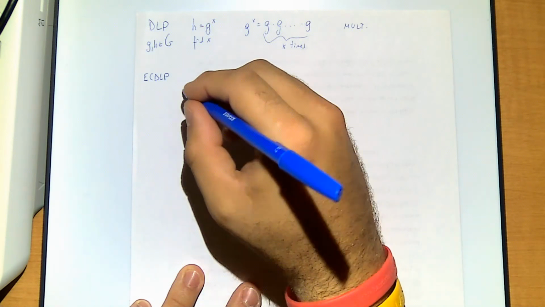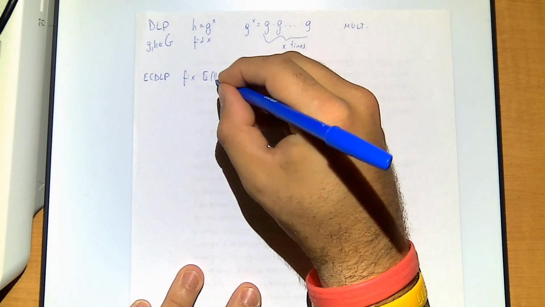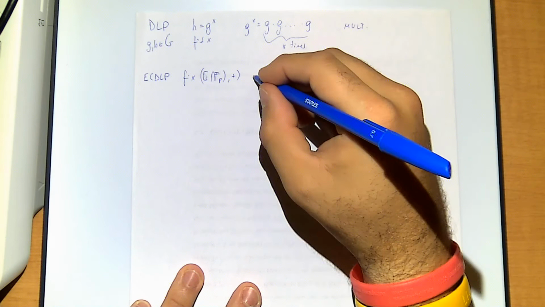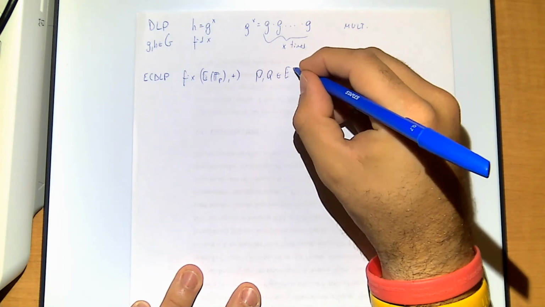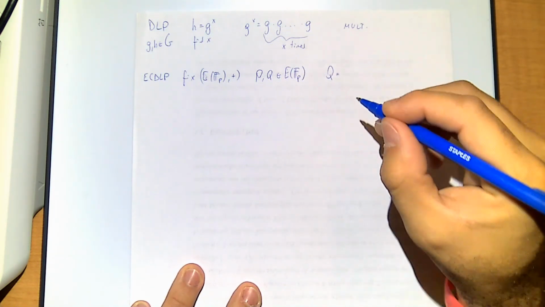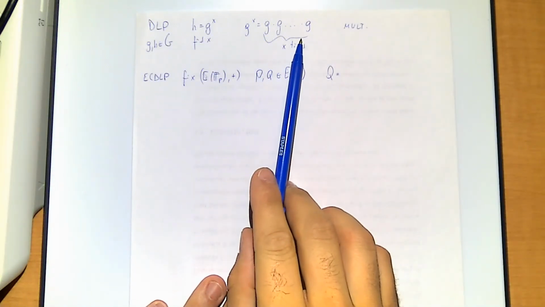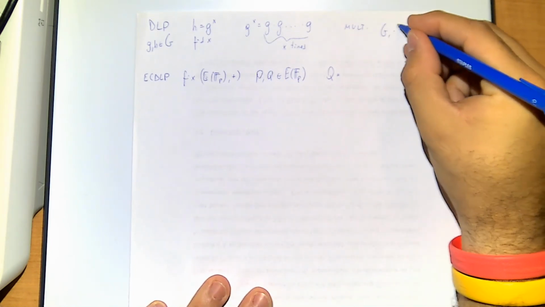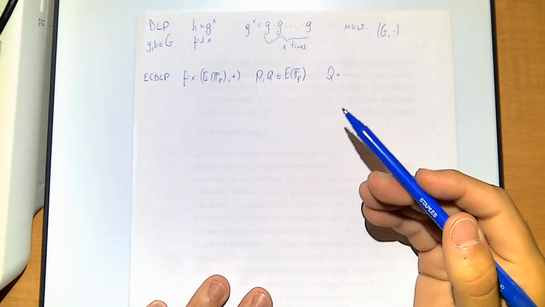The idea is going to be the same. We fix an elliptic curve over a finite field with the addition operation that we know and love. Then we take two points, P and Q, in the set of points, such that Q is now what exactly? Here we had g composed with itself. The operation of the group was multiplication, but now our group is additive, so it would be P added to itself several times.